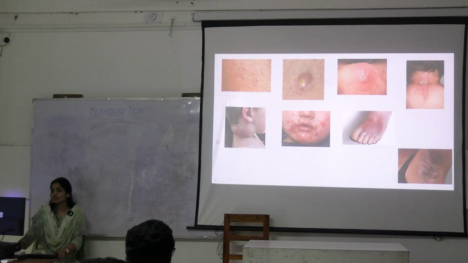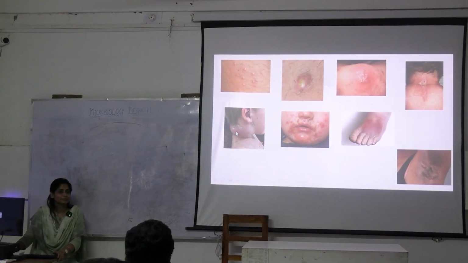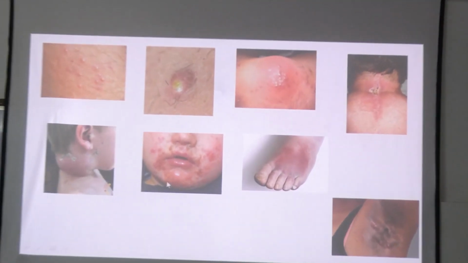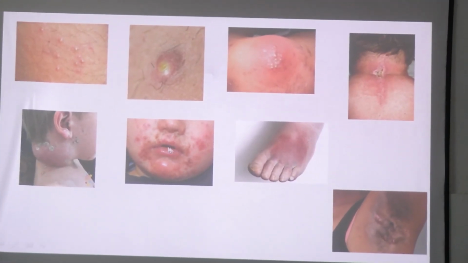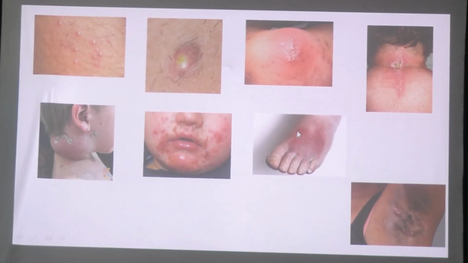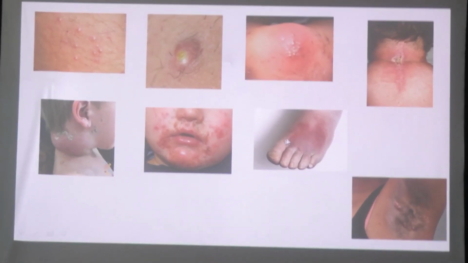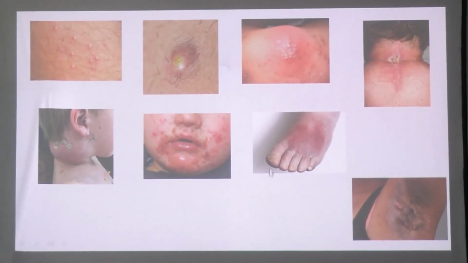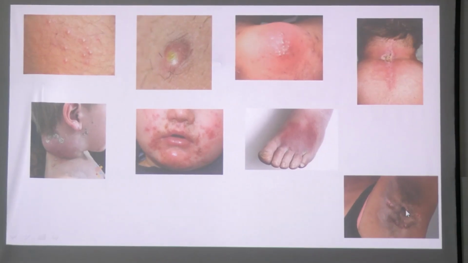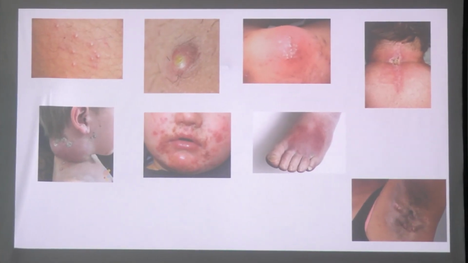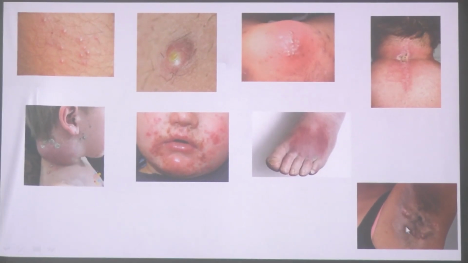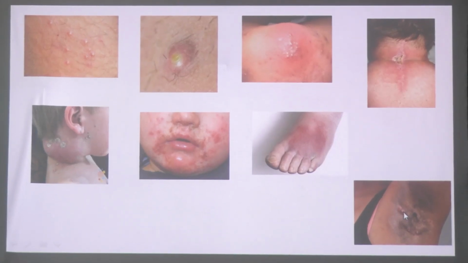Surgical site infection. This is abscess. This is honey crust appearance. Impetigo. Very good. This is skin and subcutaneous tissue infection. Cellulitis. What is this? Hidradenitis suppurativa. Where is it? See, axilla, apocrine gland. Okay.